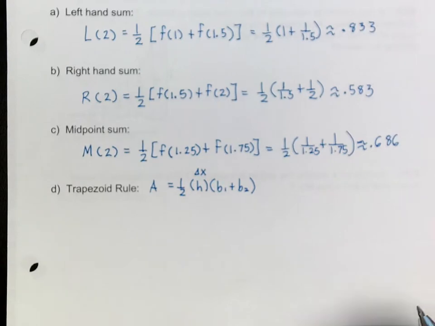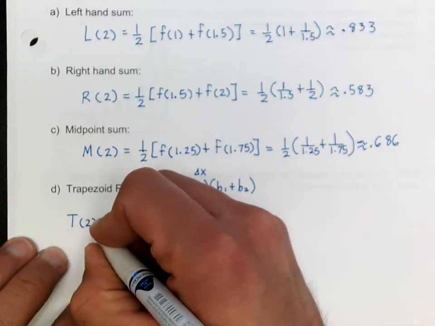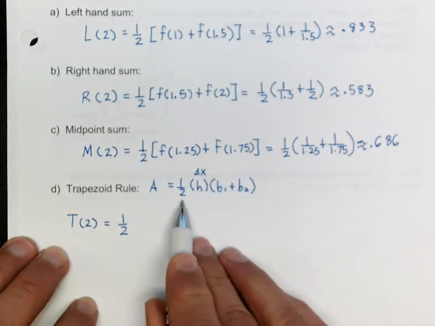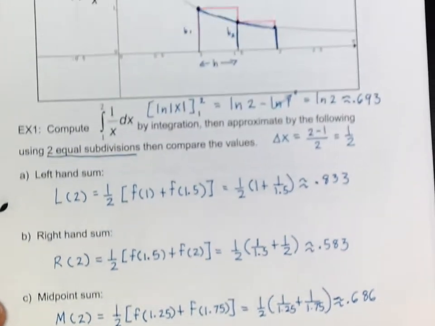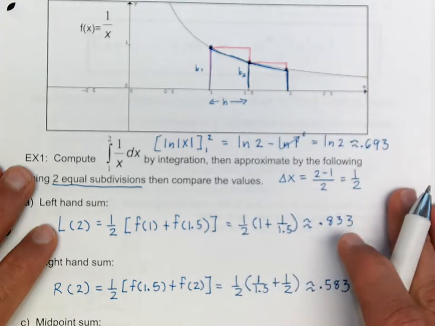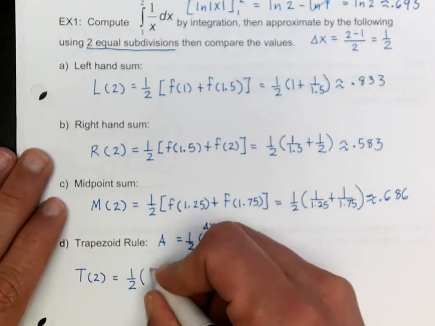So again, we have two trapezoids. So we have the area of one. Remember that 1/2 came from the formula. The delta x in this case, the height, would be from here to here, which is 0.5 or 1/2. So I'm going to write this as 1/2.